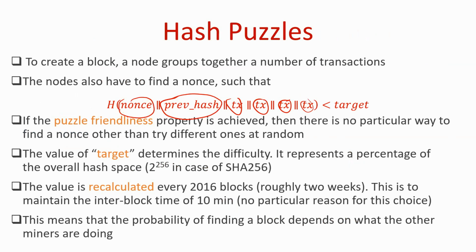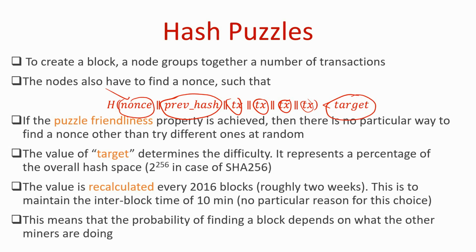It says that when you hash all of these items together, the result must be less than a certain target. And we know from the puzzle friendliness property that if the hash function is puzzle friendly, then the only way to find the nonce that achieves this target, where the output of the hash is less than this target, is brute force.